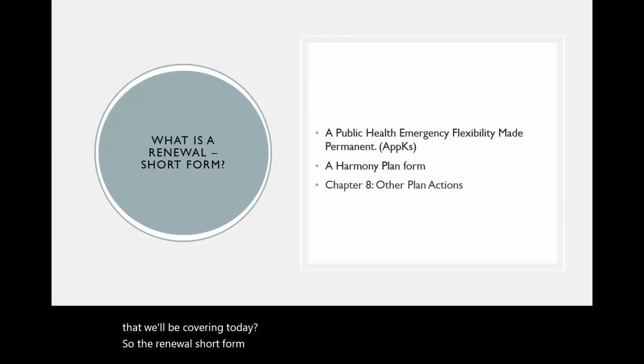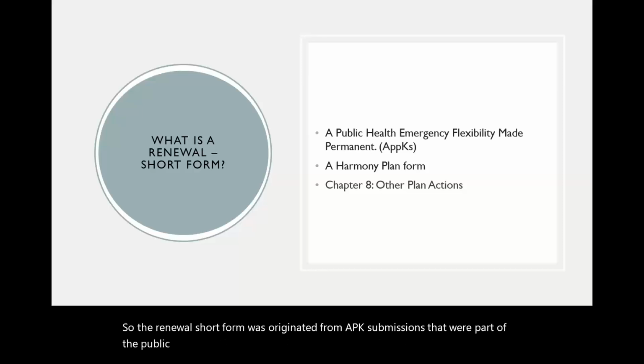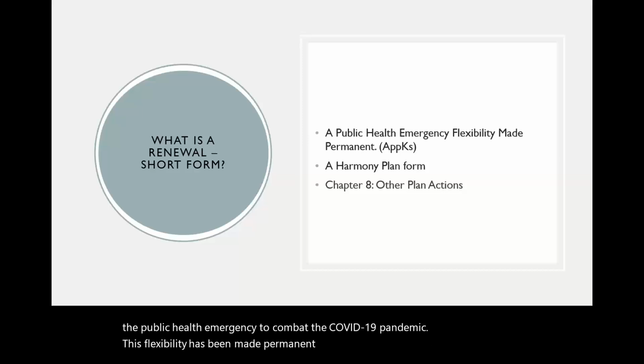So the Renewal short form originated from APK submissions that were part of the public health emergency to combat the COVID-19 pandemic. This flexibility has been made permanent in the form of a short form.